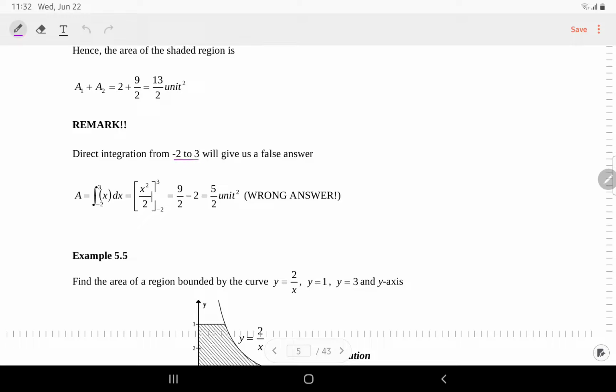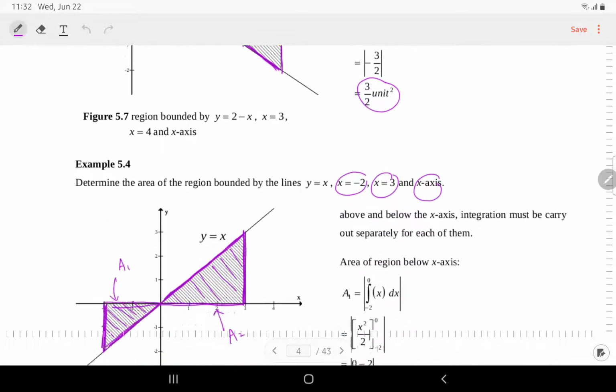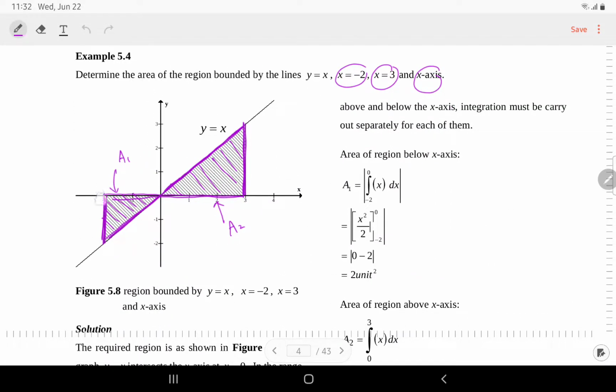Okay, so ada remark kat sini. Direct integration from -2 to 3 will give us a false answer. Okay, maksudnya kalau integrate terus daripada -2 hingga 3. Tengok dalam ni, -2 adalah di sini, 3 adalah di sini.